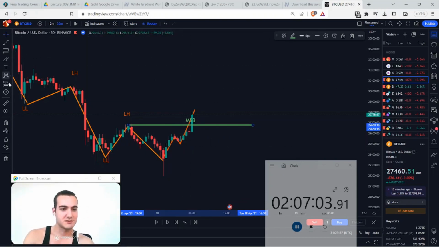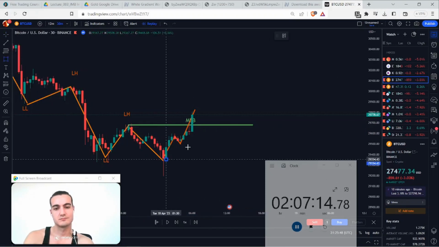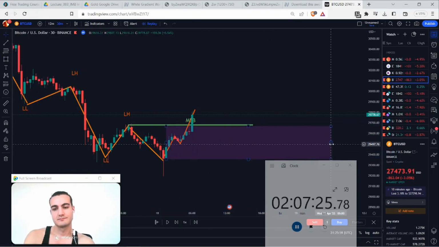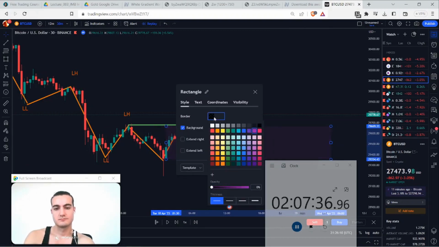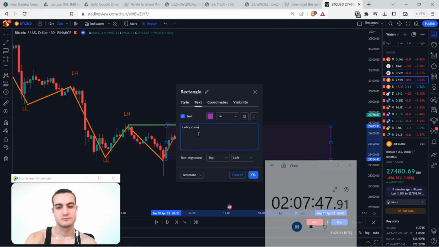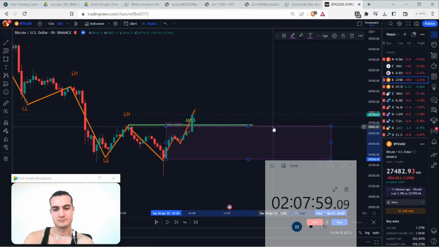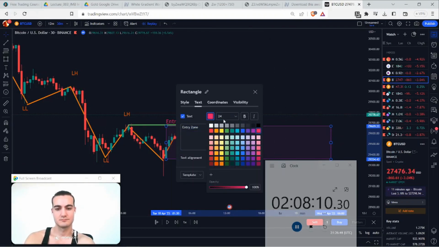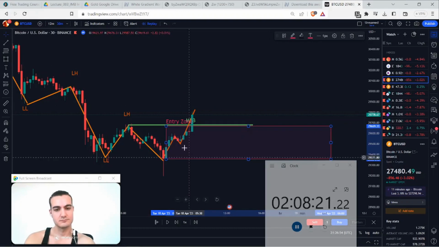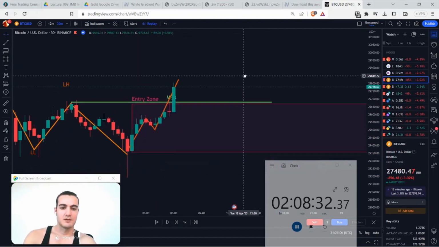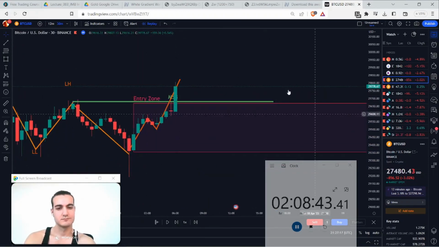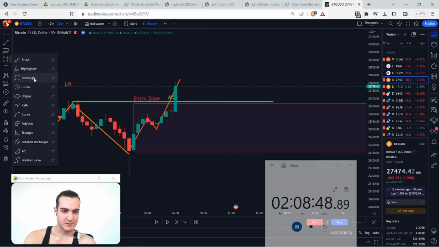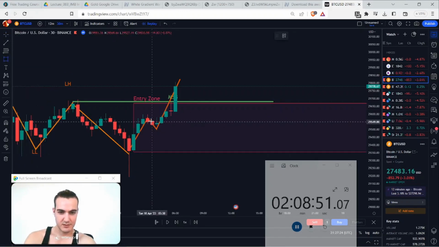Well, first, let's draw a box. Okay, so I believe this would be the candle used to define the order block. It is pretty narrow.